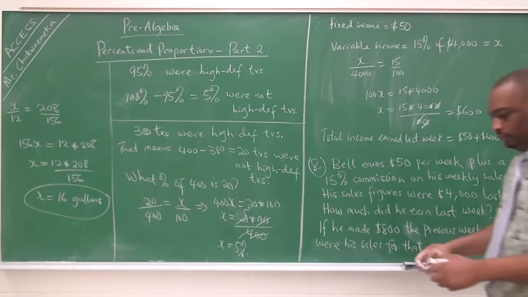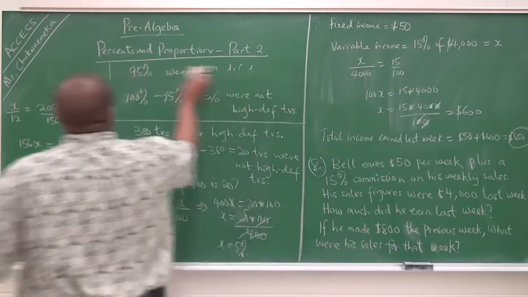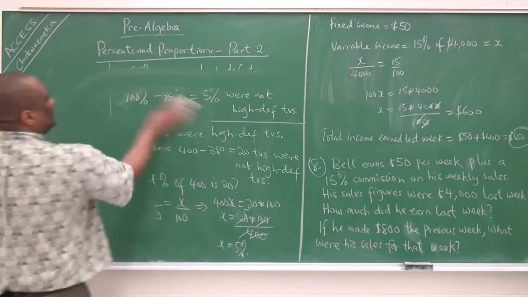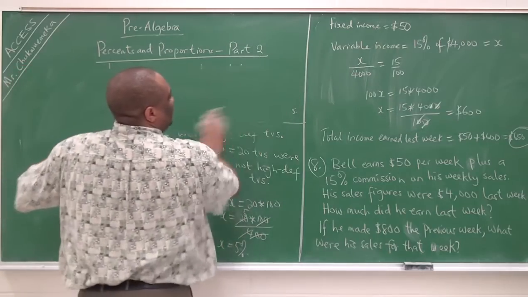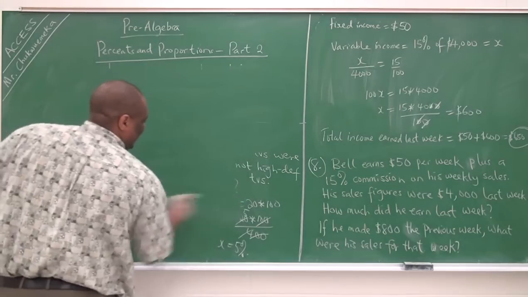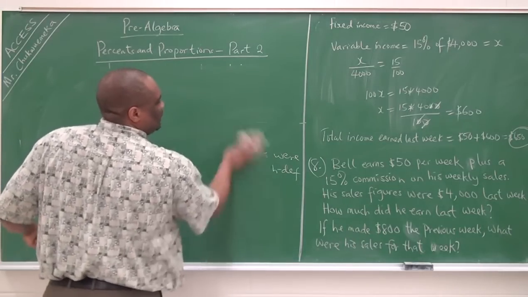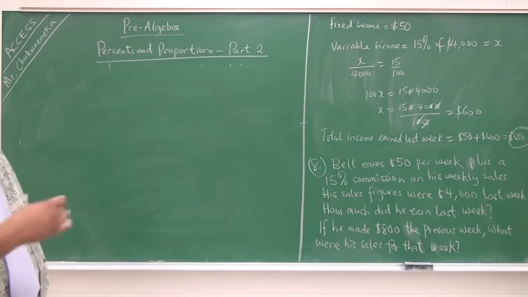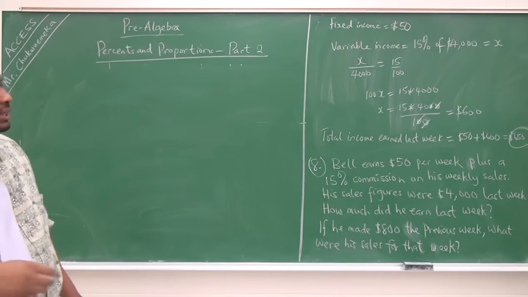Okay? That was the total income he made last week. The fixed income is $50 and the variable income, that's the income based on his weekly sales, is $600. So the total is $650.